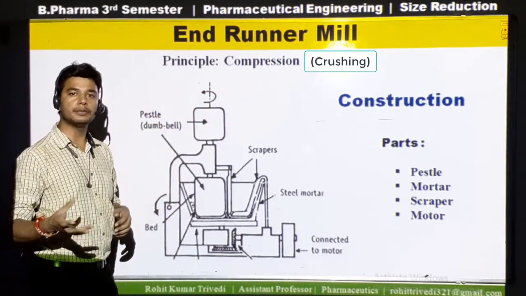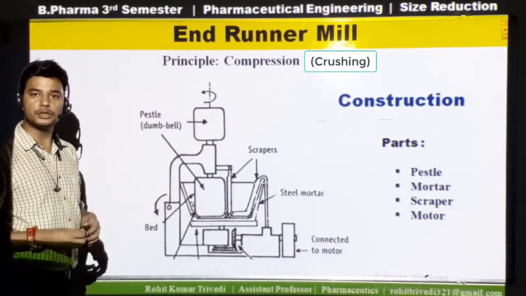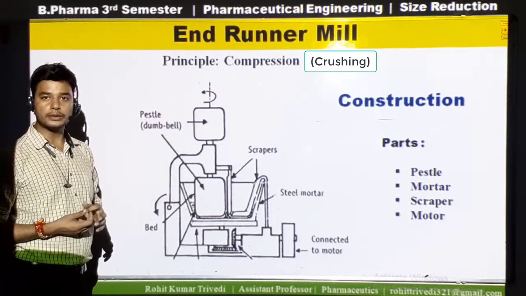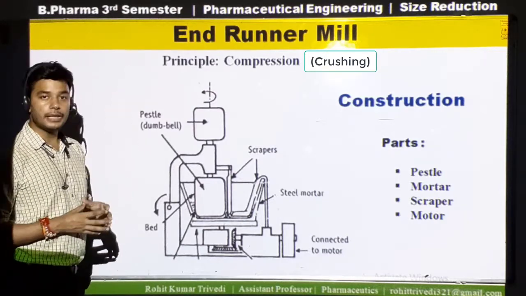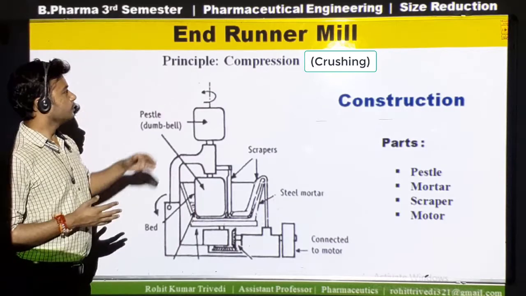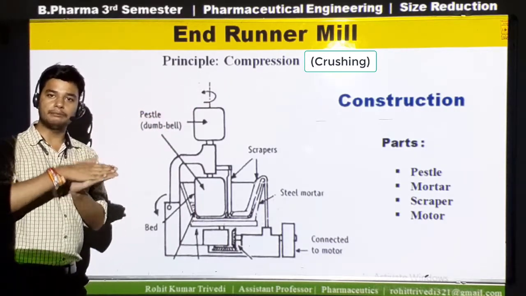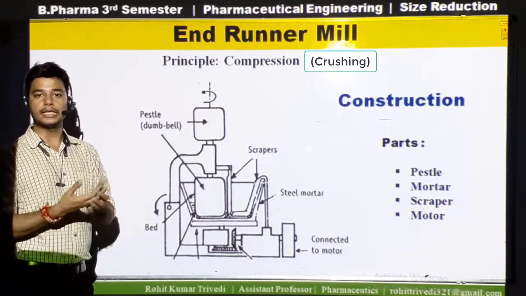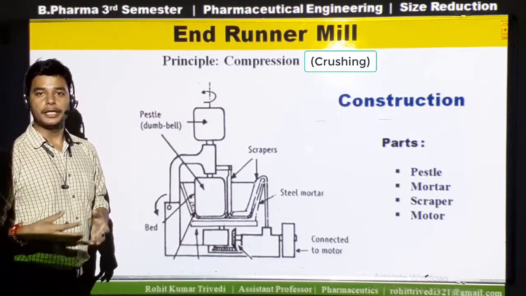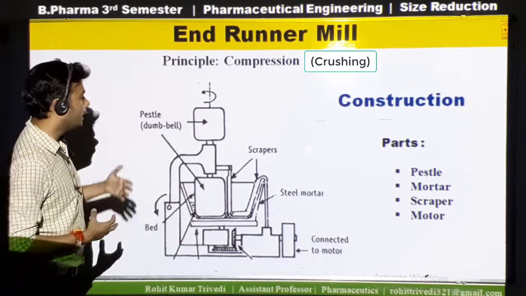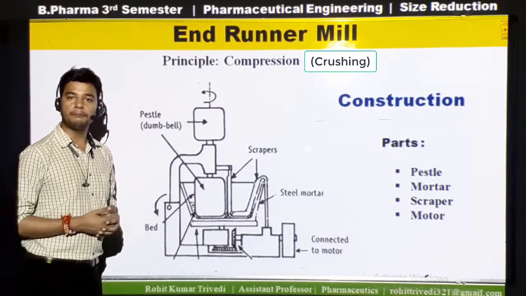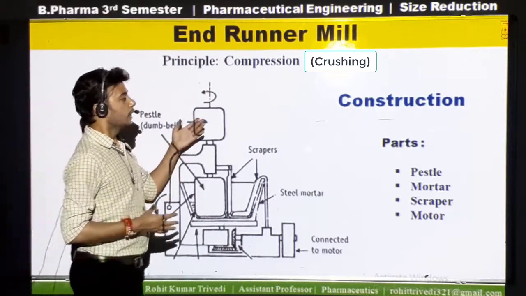We have already discussed many other principles of the size reduction process, but the end runner mill works on the principle of compression. Under compressive forces, the material is compressed between two surfaces and the size of the material is reduced into smaller particles.